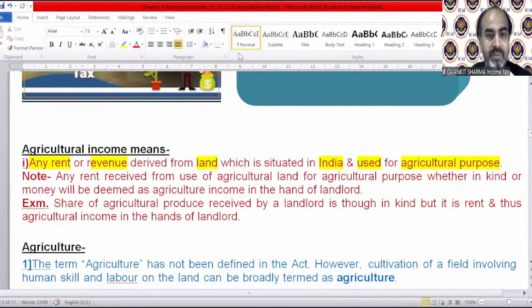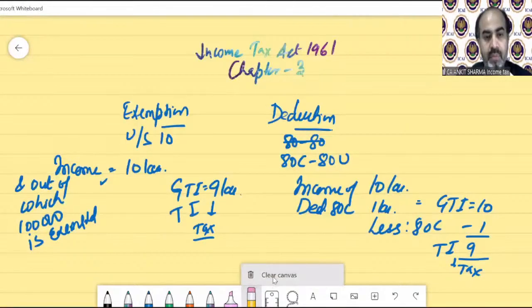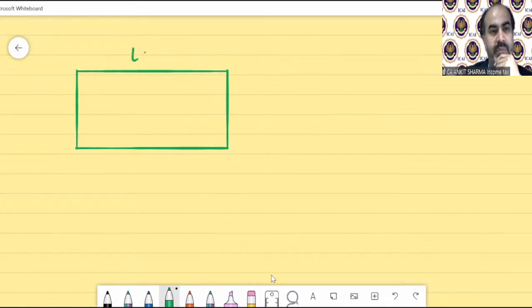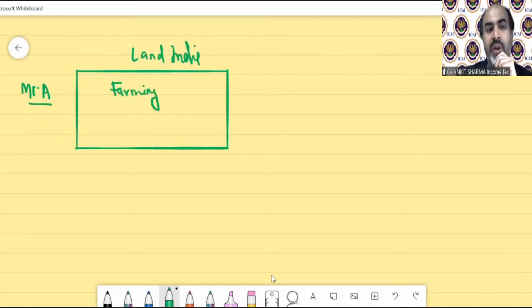Let me give you an example. If Mr. A is having land in India, and he is doing farming activities on it and produces agricultural produce, and by sale of it he gets revenue.